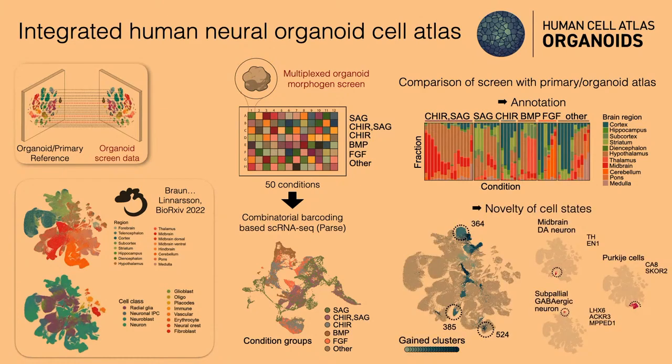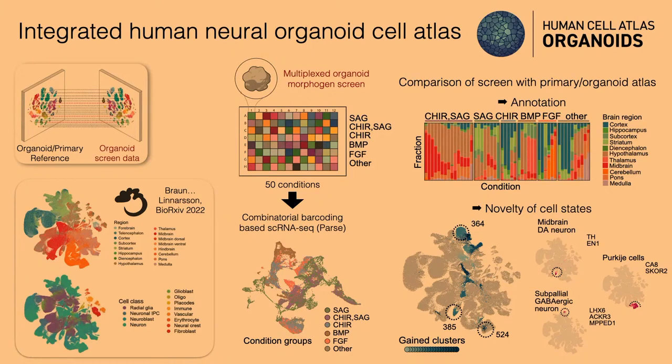And what is now the coolest, I think, is that we can say, did we gain any cell type? Do we have the same cell type represented again, or do we have an enrichment that we see in this screen? And so the novelty of these cell states is shown here, where you can see the gained clusters. So this is already differential. It doesn't just show the mapping. It already subtracts what we saw before.